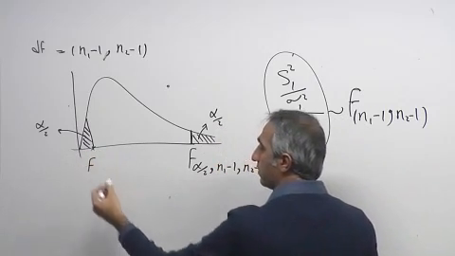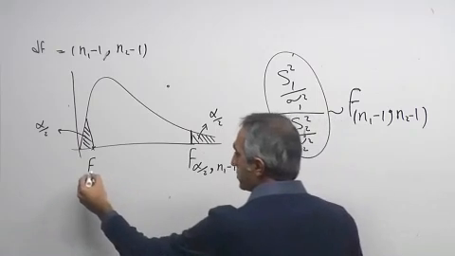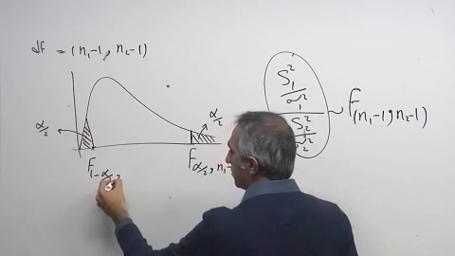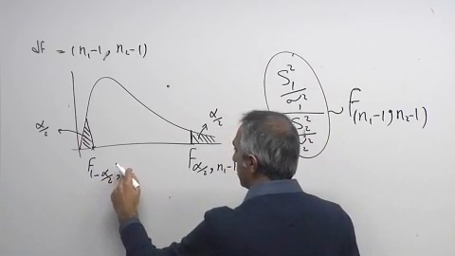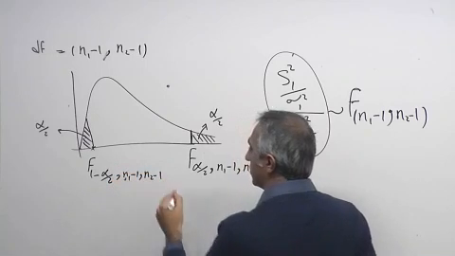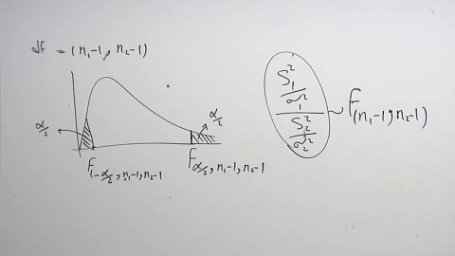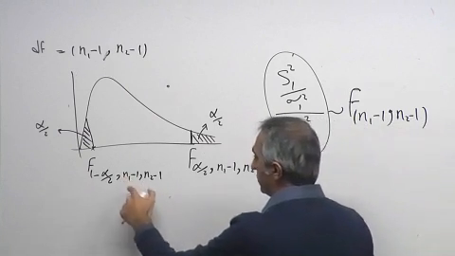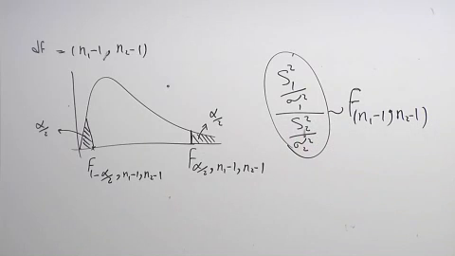F of 1 minus alpha over 2, with n1 minus 1 and n2 minus 1. Any questions? No, not now. So this is just a definition. I'll switch it later.